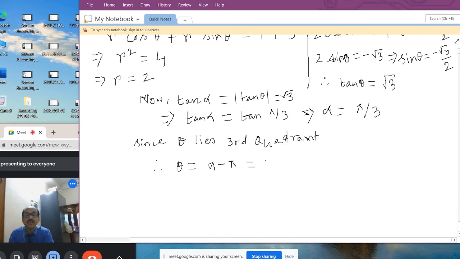Pi by 3 minus pi equal to minus 2 pi by 3, with 3 as the LCM: pi minus 3 pi is minus 2 pi by 3. This is theta. Theta means amplitude.